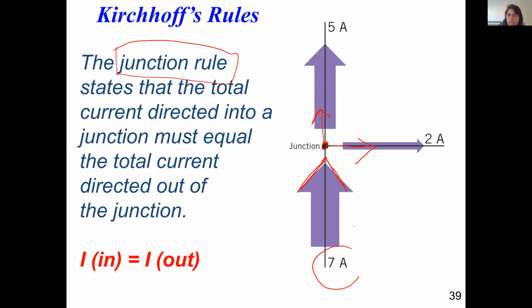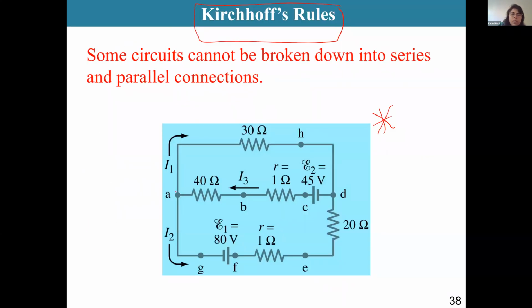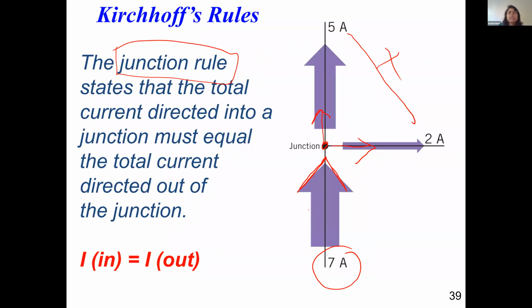That's why 7 equals 5 plus 2: 5 going out, 2 going out, 7 coming in. That is charge conservation, and it is called the first Kirchhoff rule, the junction rule. Everybody can understand junctions; these are all junctions you can have in a circuit, and the rule holds for any junction.